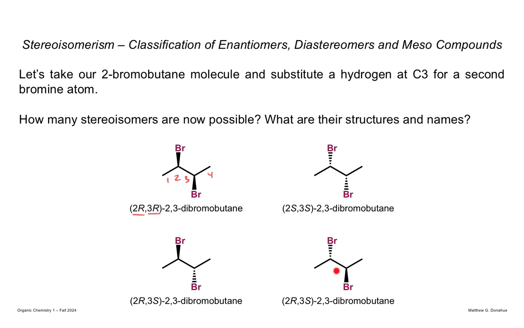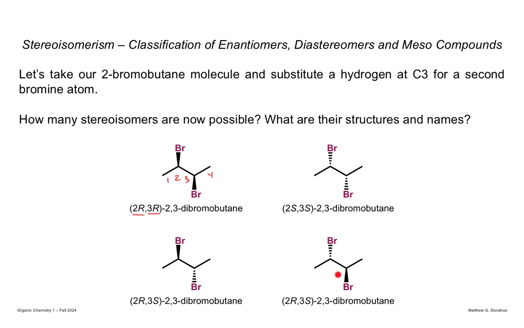And then over here, for the mirror image, I made the wedge to a dash, the dash to a wedge. But look at the names. Does that seem weird to you?